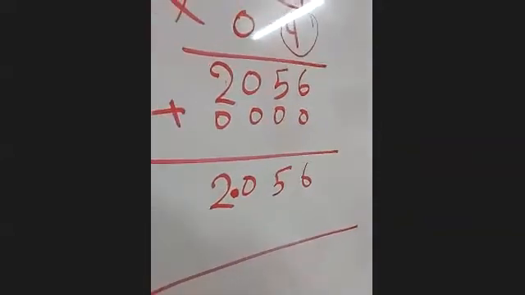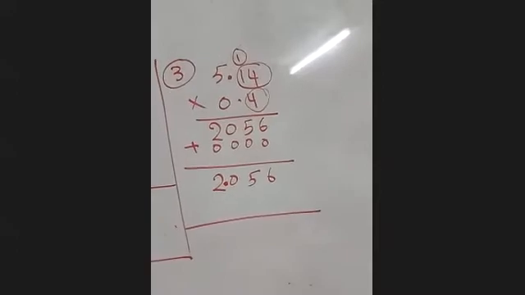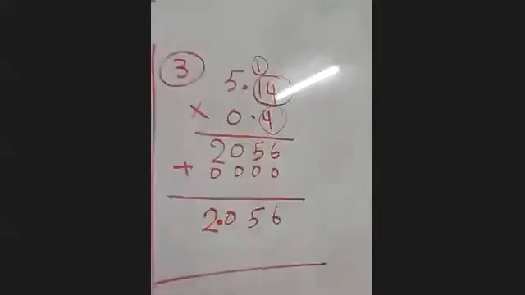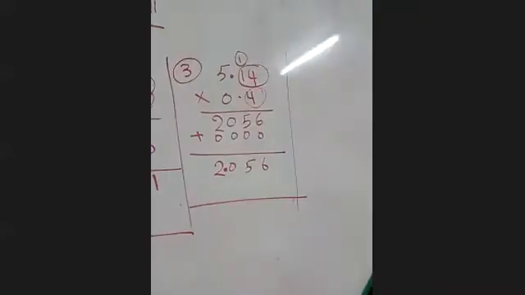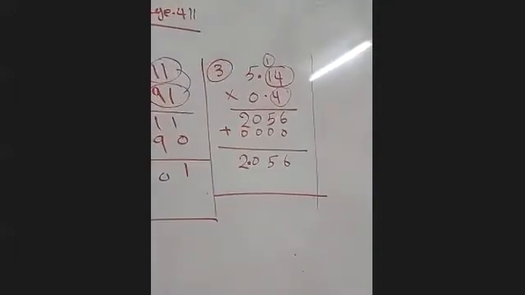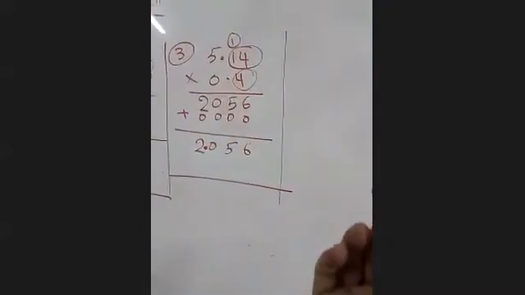Do you understand it? Yes. Ziad. Answer. Yes, mister. Question 4, we have 0.98. Mister, did you understand that?